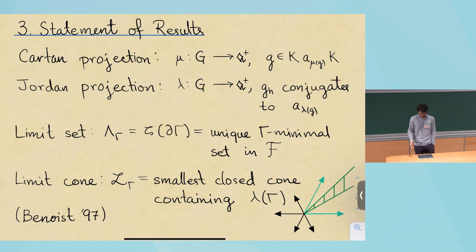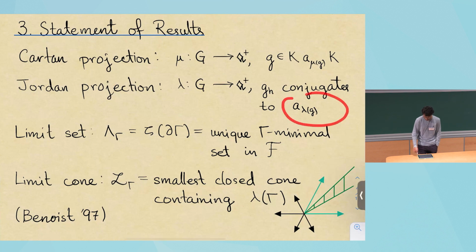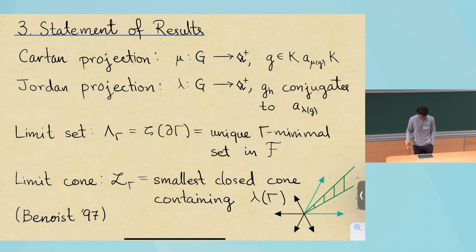So if I take an element g, as we saw, we can decompose it into the elliptic, hyperbolic, and unipotent components, and the hyperbolic part conjugates into A sub something, and that something is lambda of g, and this will be in the Weyl chamber.